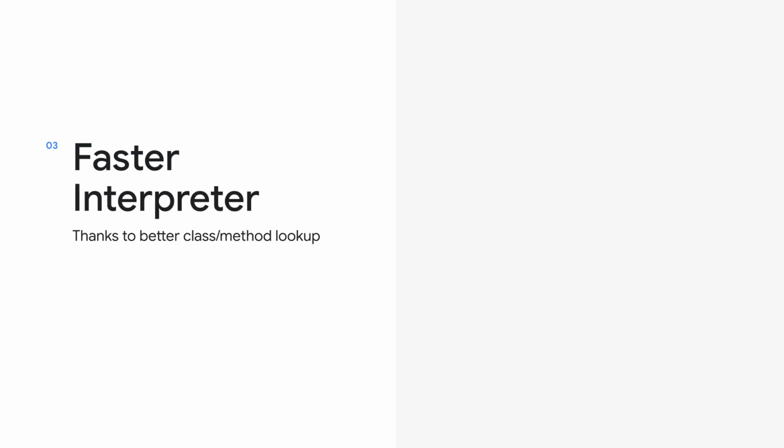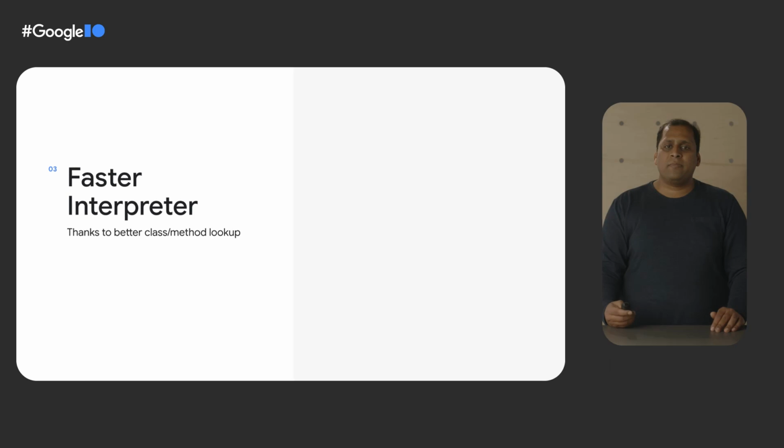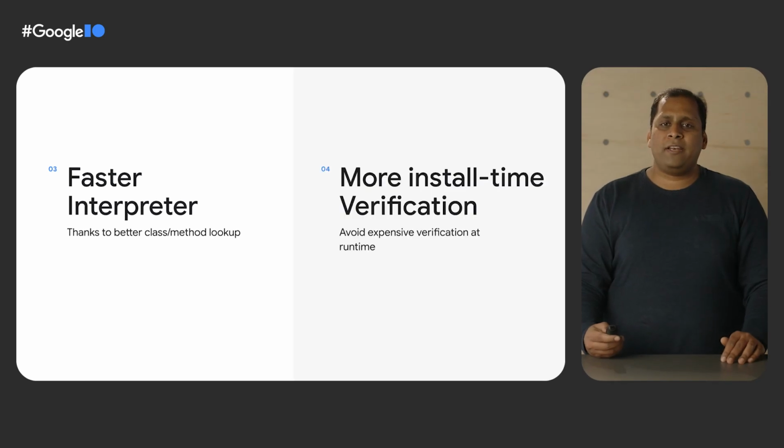We also made decent improvements to the class method lookup, which helped in making the interpreter faster. And finally, we now perform more bytecode verification, which checks the structure of the bytecode is well formed, at install time, so we can avoid ever doing it at the runtime.